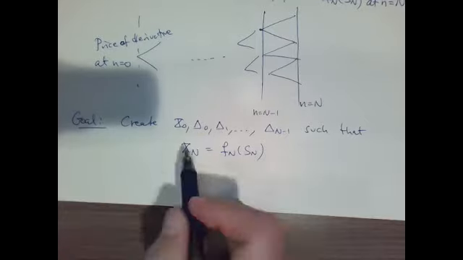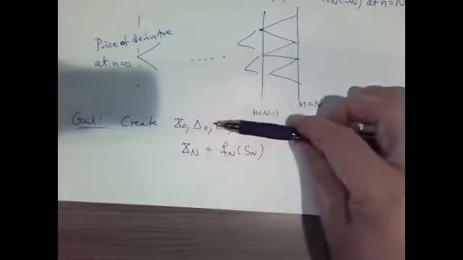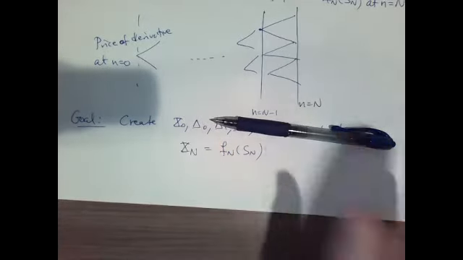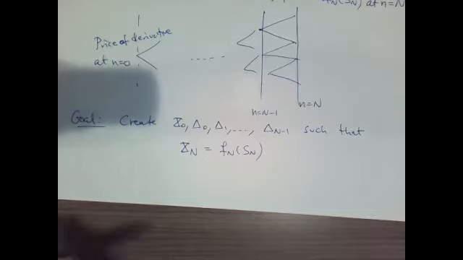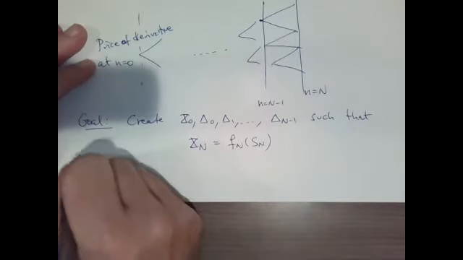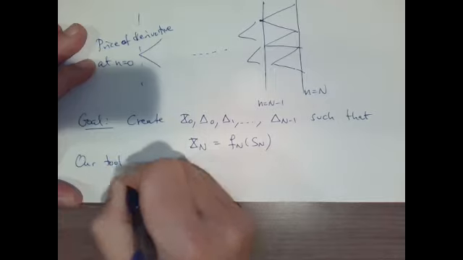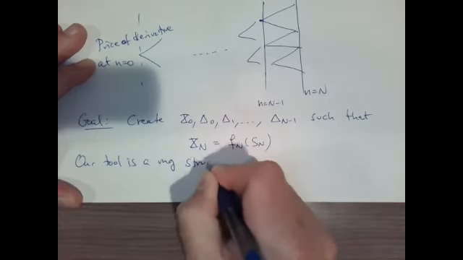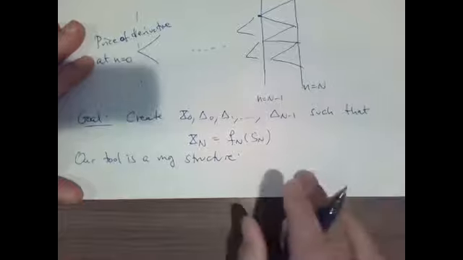Create these quantities. Before, in the 1 period model, we only had to create these 2. But now in the multi-period model, we have to create more of them. So create them such that this is the case. And our tool is going to be a martingale structure. And we know what the martingale structure is.